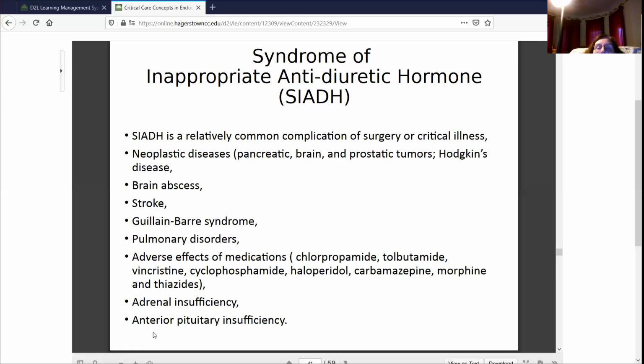SIADH is a relatively common complication of surgery or critical illness, neoplastic diseases, pancreatic, brain and prostatic tumors, Hodgkin's disease, brain abscess, stroke, Guillain-Barré syndrome, pulmonary disorders, and adverse effects of medications: chlorpropamide, tolbutamide, vincristine, cyclophosphamide, haloperidol, carbamazepine, morphine, and thiazides. Adrenal insufficiency, anterior pituitary insufficiency.